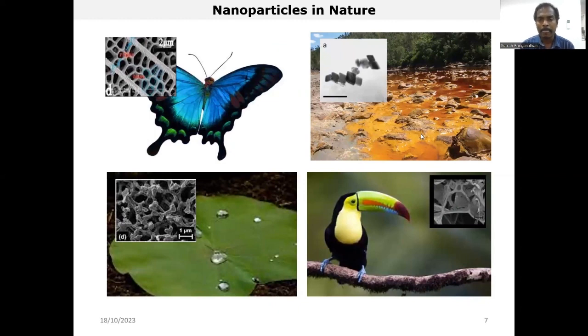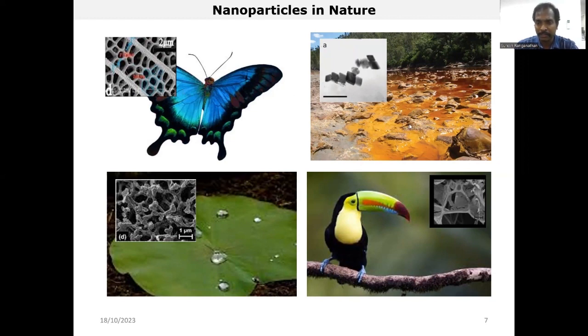Nanomaterials exist in nature. For example, the butterfly. The blue color of the butterfly is because of nanostructured organic molecules. It's not because of pigment. It is because of nanostructured material.